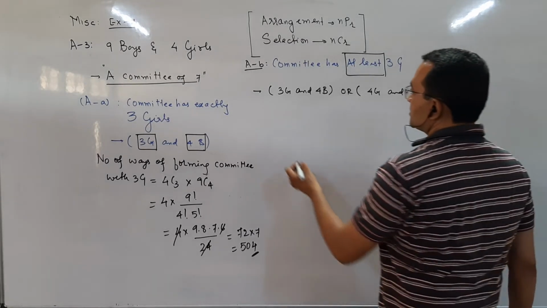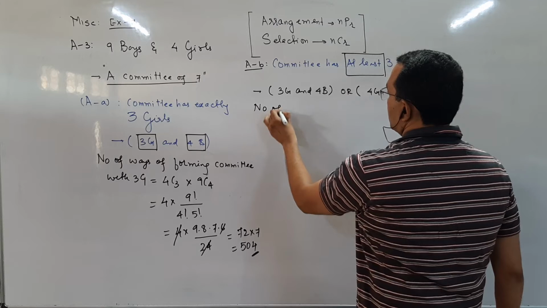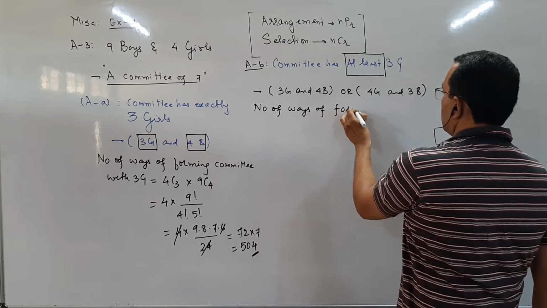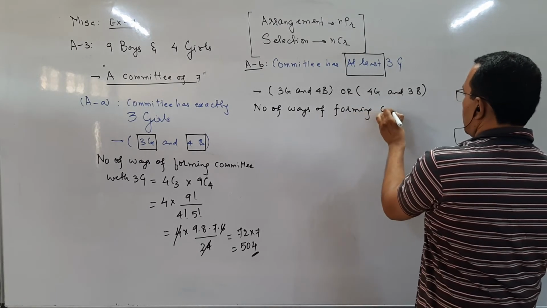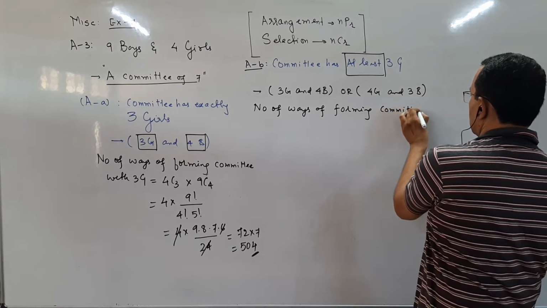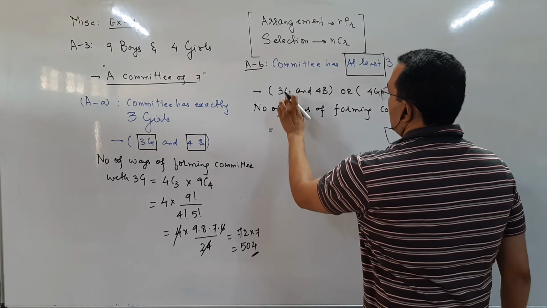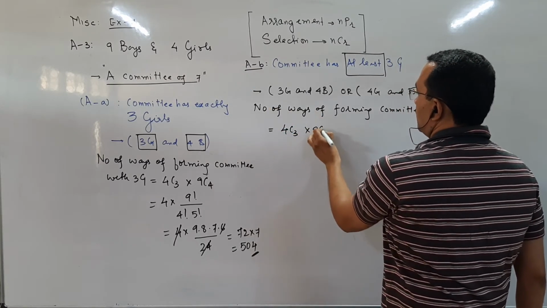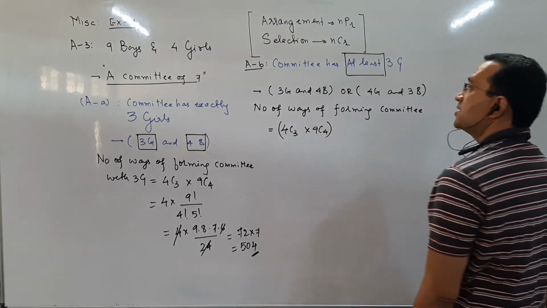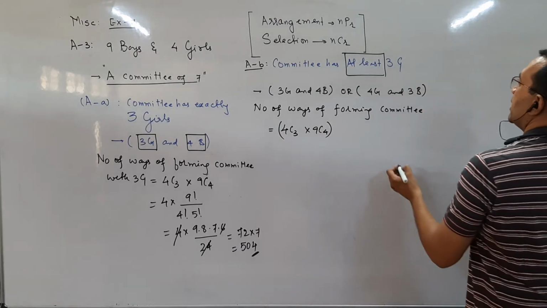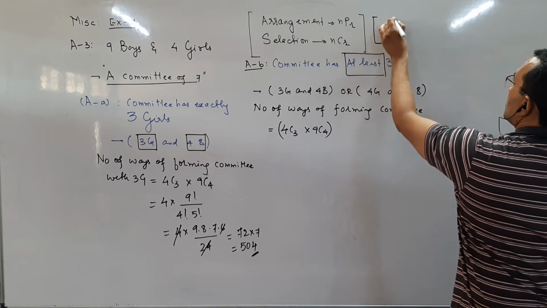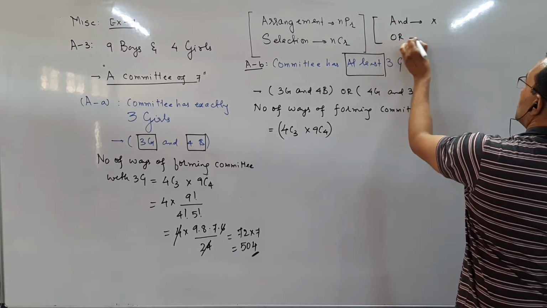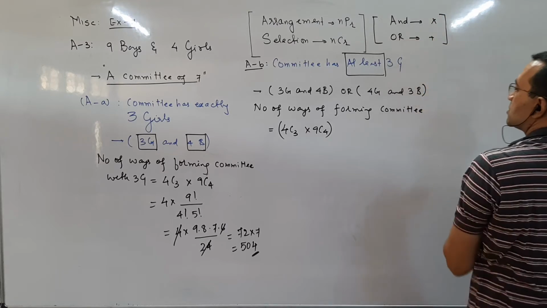So number of ways of forming committee according to the given condition will be: 3 girls out of 4, so 4C3, and means into, 4 boys out of 9, so 9C4, or means plus, and theorem indicates multiplication, or indicates plus.